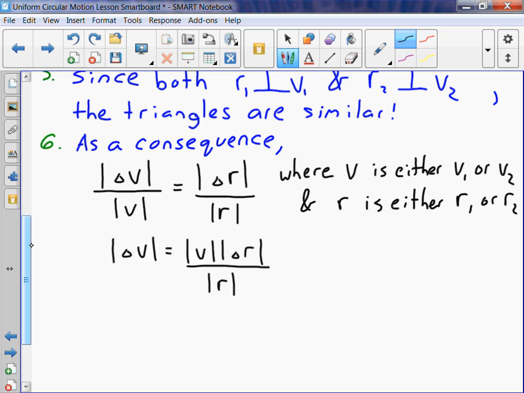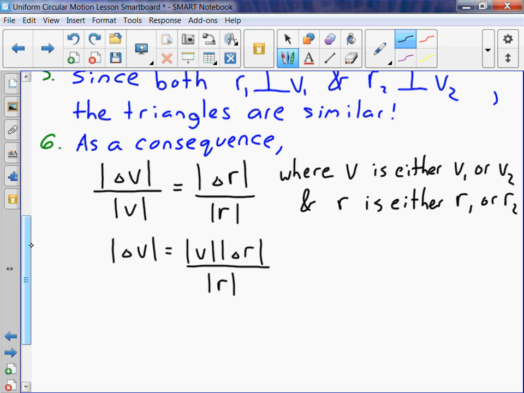We're not talking about directions yet. The proof for the direction was those 3 circles I did on the previous page, showing that the direction of acceleration is going to be pointed in towards the middle of a circle. This is all about magnitudes of the acceleration.